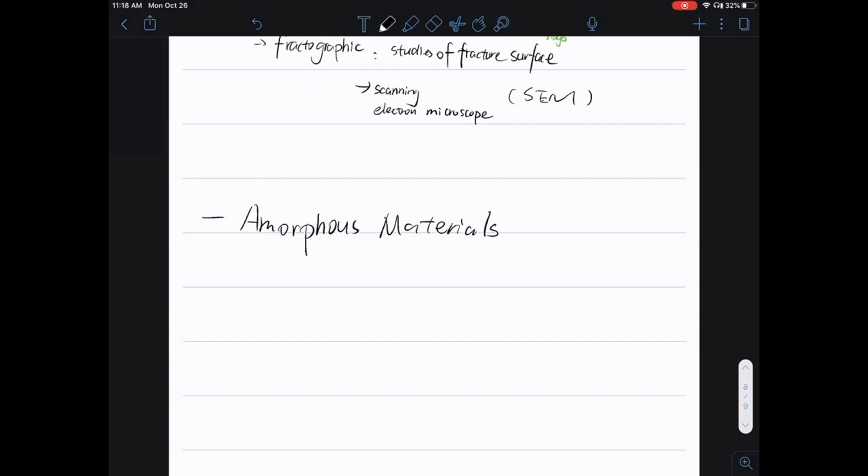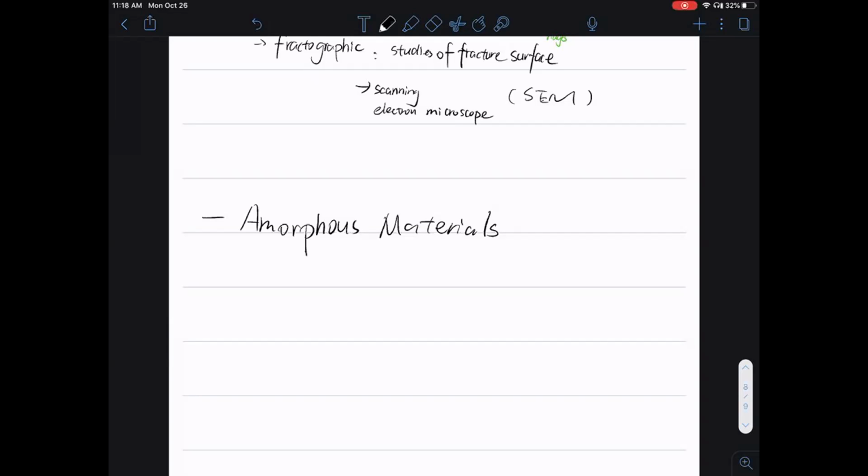The thing we learned about crystal structure is it has a certain pattern, right? But for amorphous materials, there's no pattern. Do you know any examples of amorphous material? We have a lot in this classroom. Yes, glass.